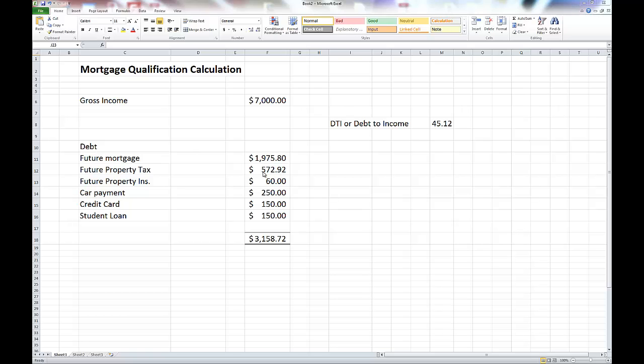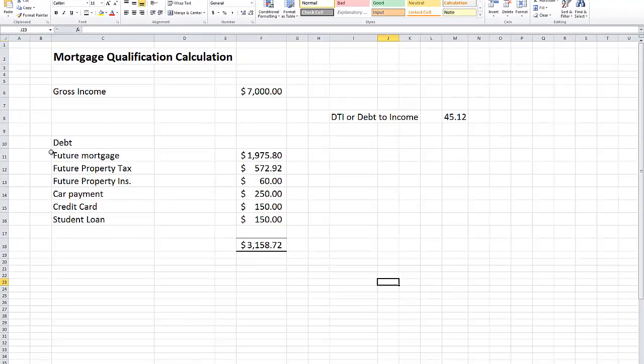So depending on what your future mortgage looks like and your future property tax and property insurance, these will need to be figured out, but you would have, for instance, a monthly car payment, let's say $250 in this particular case, a credit card, and you can plug in a minimum payment amount, in this scenario $150, and a student loan of $150.